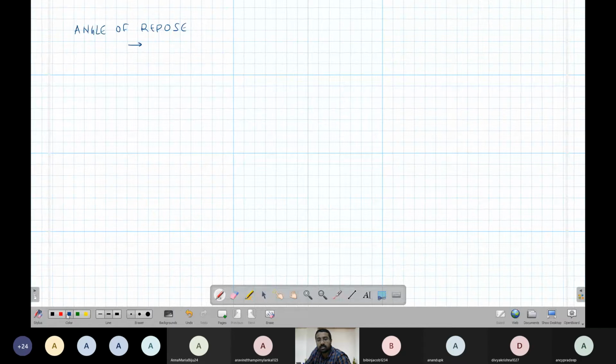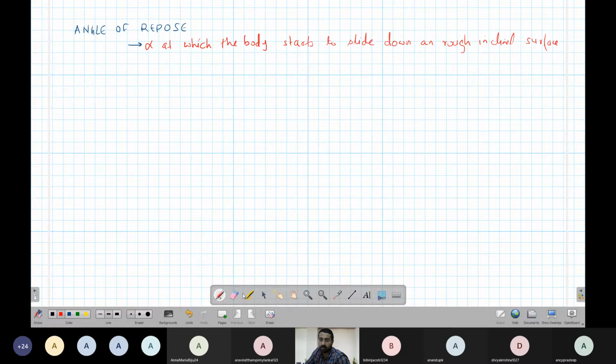So that is basically some angle, let's call it alpha, at which the body starts to slide down a rough inclined surface.